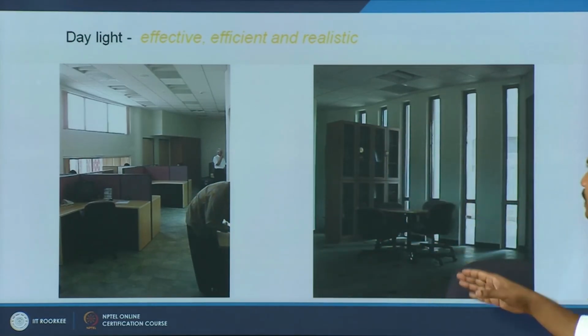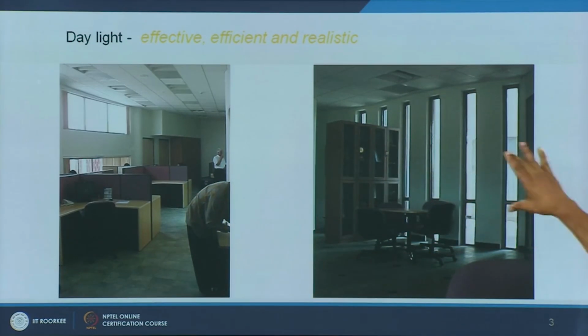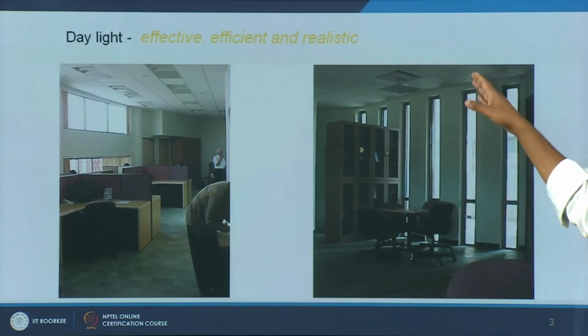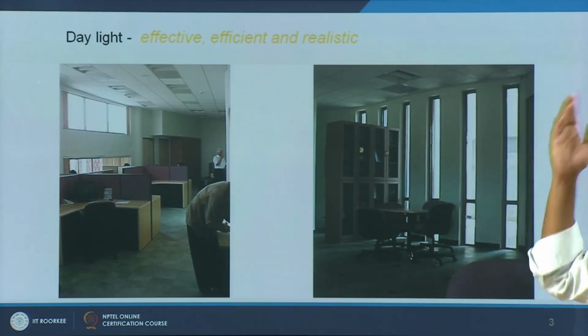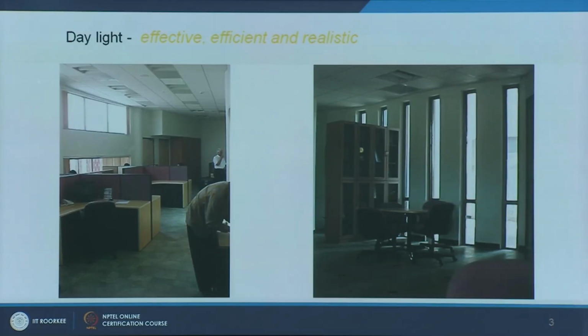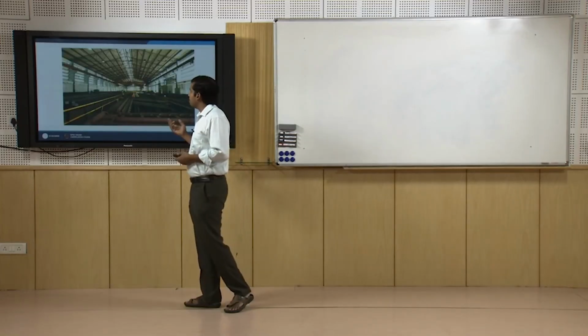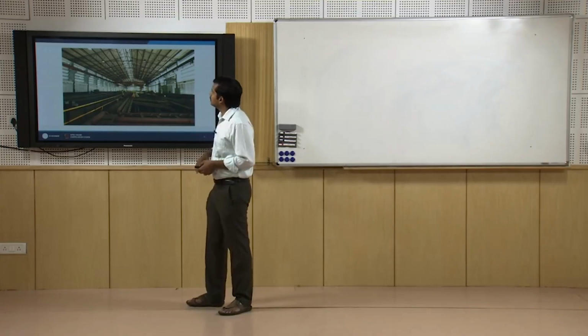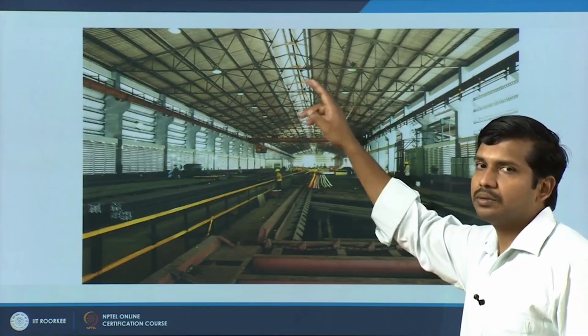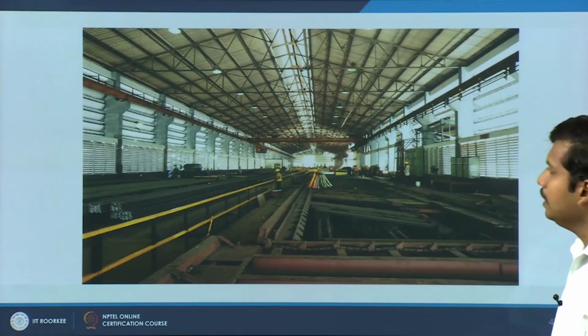The other simple option is, instead of having linear horizontal elements, you can have vertical ones, where you have a better throw of light far to the core areas of the building. Other ways include provision of louvers, provision of skylights, clerestories, north lighting, roof trusses, industry lighting.